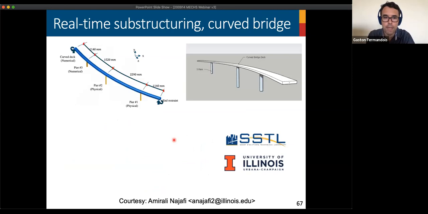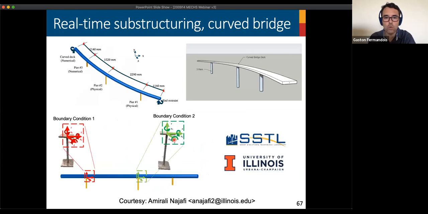The example shown here as a proof of concept was a curved bridge with 3 piers and a curved bridge deck, where 2 piers were selected to be experimental substructures, or physical specimens. The rest of the structure, the deck and the 3rd pier, was modeled numerically and compiled and run in real time in the microcontroller.